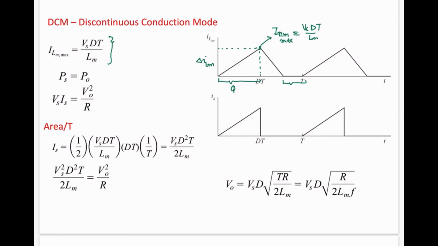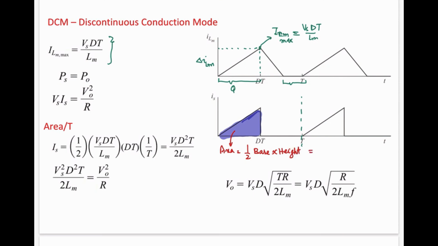And this current is provided by the source. So your source current will be there for this interval of time. It is going to make a right angle triangle, and the area under this curve averaged over the time period gives you the average value of the supply current. As it is a triangle, the area can be calculated as half base into height.